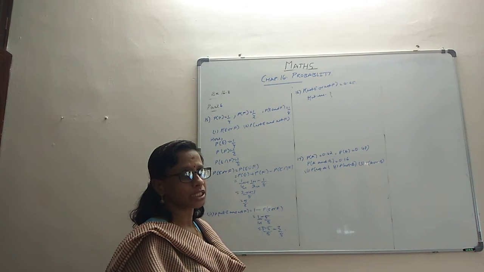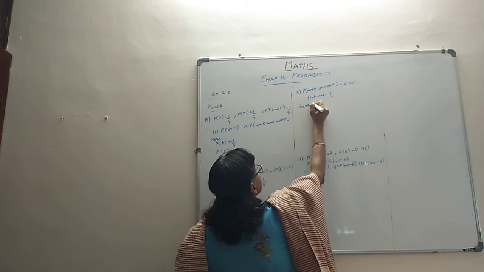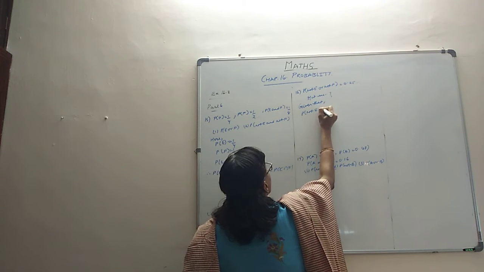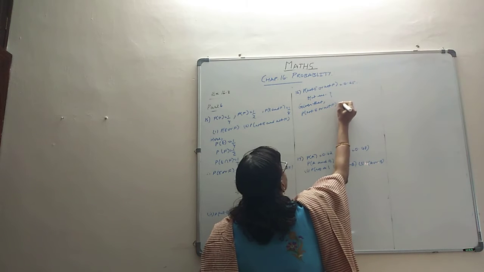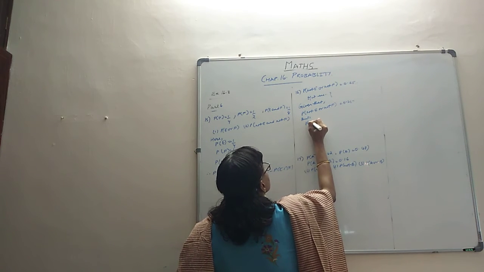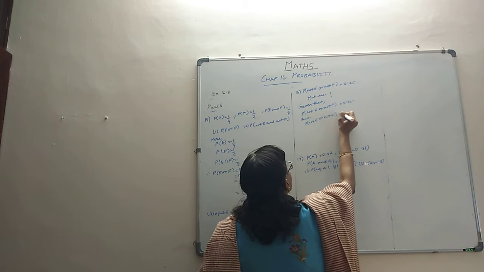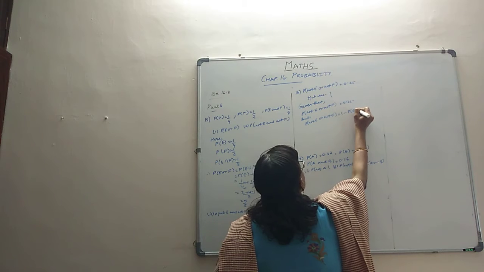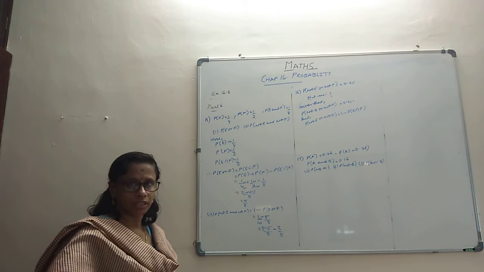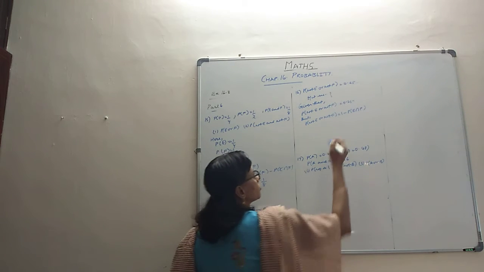So we have to get E intersection F. Given that probability of not E or not F is 0.25, this not E or not F is by formula 1 minus probability of E intersection F. If it's "or" on one side, the other side will be "and", and if it's "and" on one side, the other side will be "or", and then the not will go off.